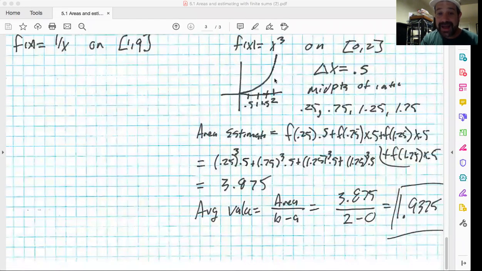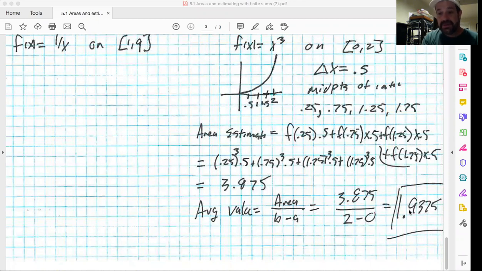If we want to know what the average height or average y value is on that, we just take our area, divide that by the total distance traveled in x. Well, here, if this is our a and this is our b, b minus a is going to be 2 minus 0. We have our area, divided by 2 minus 0.